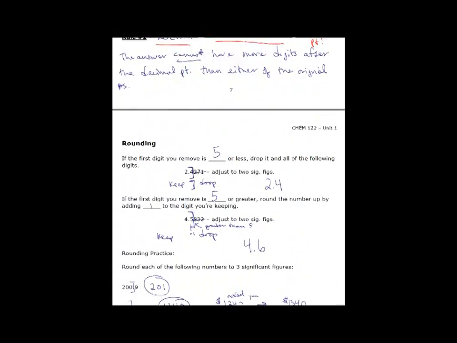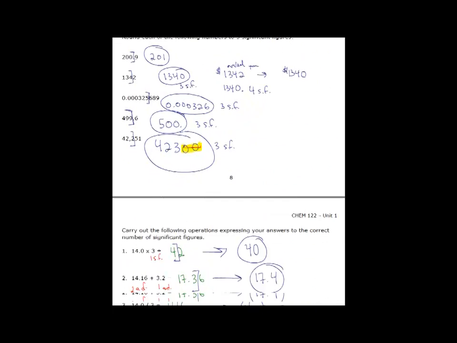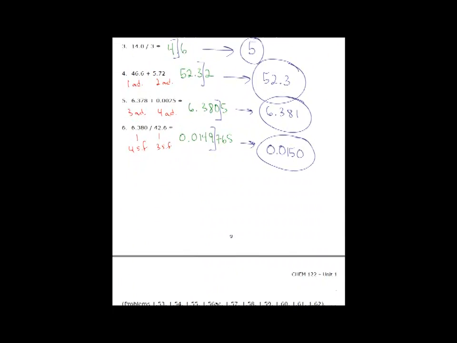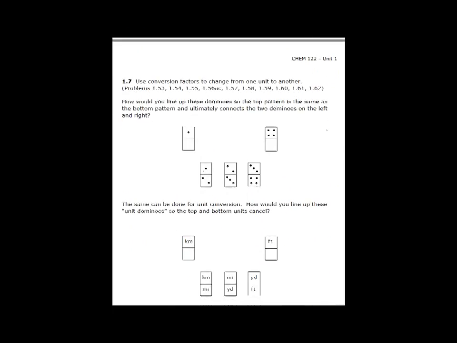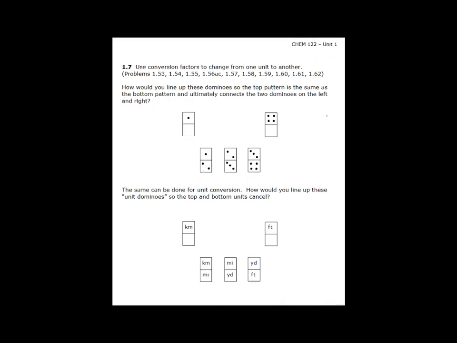So let's go to conversions now. We're going to go to page 10. Okay. So we're going to learn how to use conversion factors to change from one unit to another. If you think of these dominoes, this domino right here, I want to change this domino to this domino.